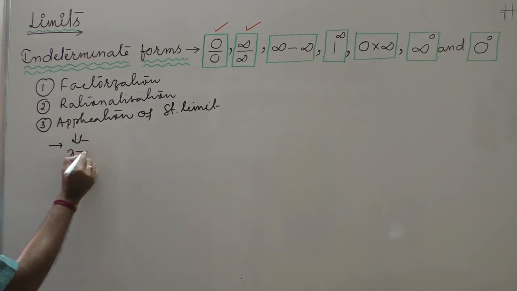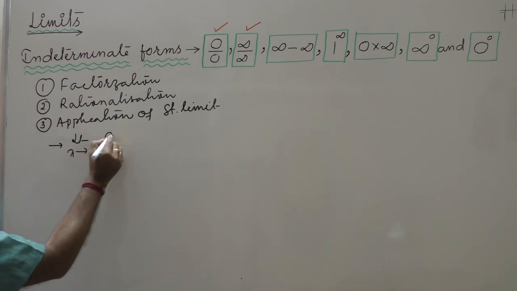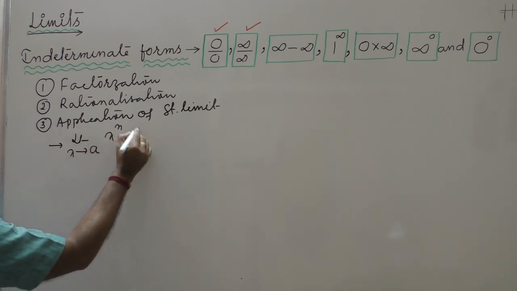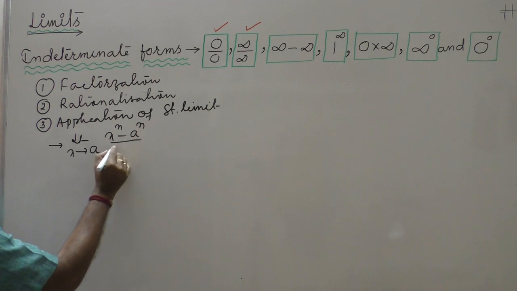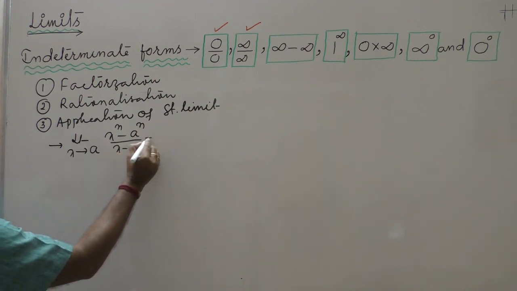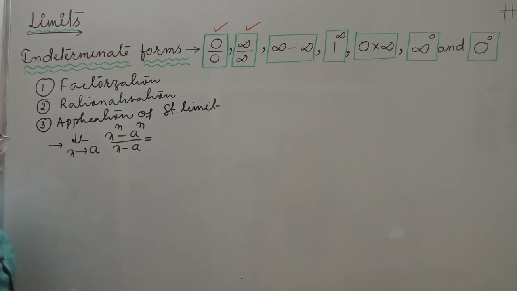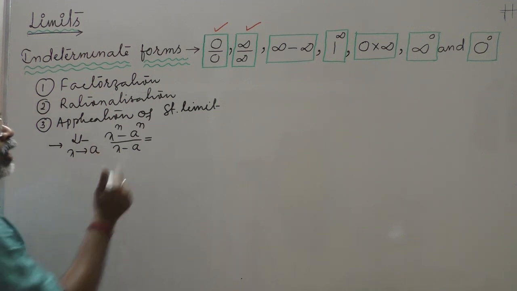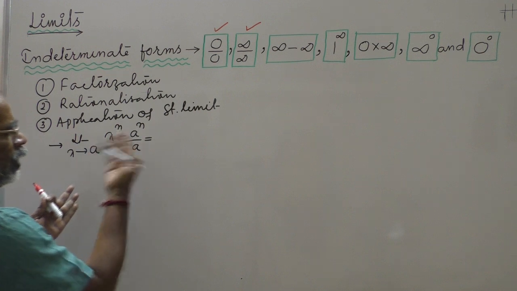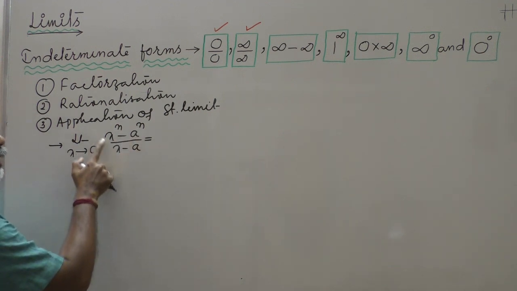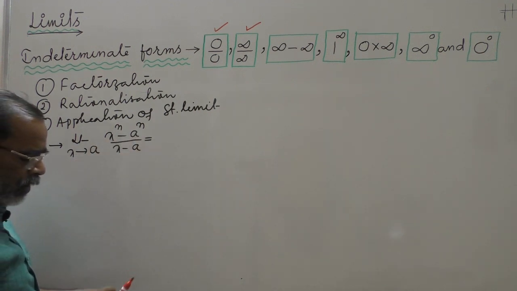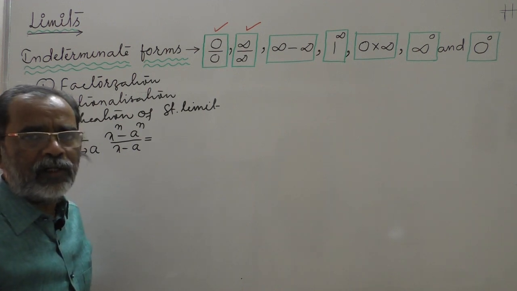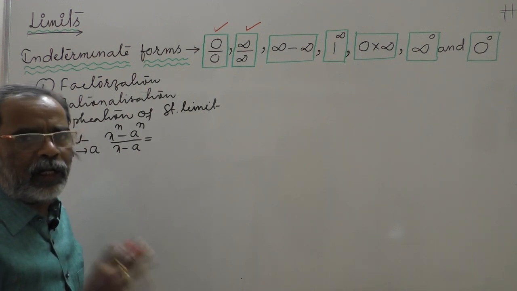First one: limit as x tends to a, of (x power n minus a power n) divided by (x minus a). If you write the limit, it is 0 by 0. Therefore, we will cut the common factor. In the numerator and denominator, there is a common factor. For that reason only we are getting an indeterminate form.